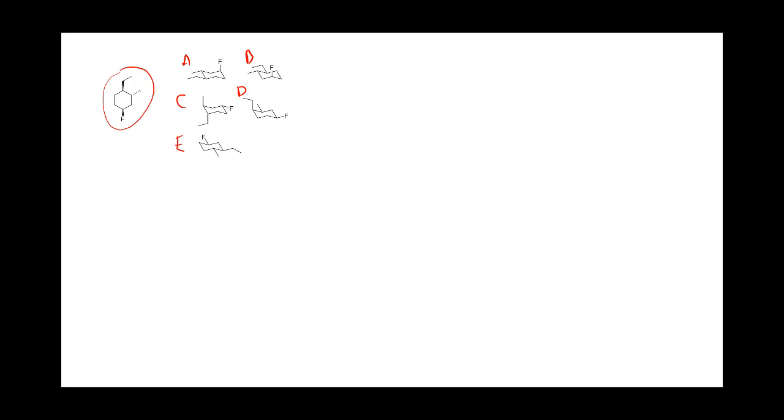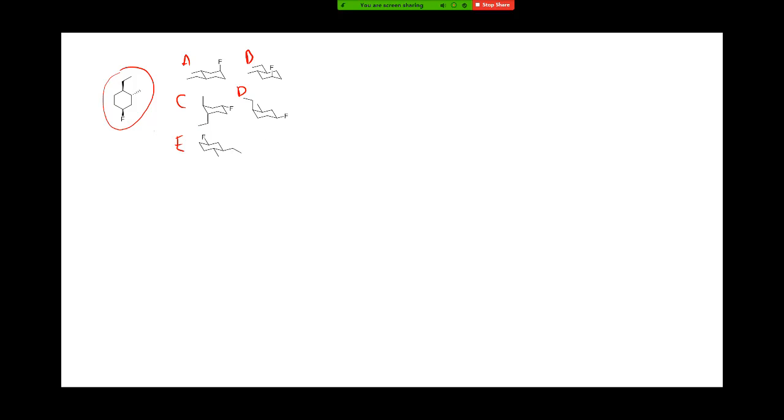A and B both have 2 equatorials and 1 axial. The methyl group and ethyl group are equatorial together in both those cases. But then in D, one's axial, one's equatorial. In C, they're both axial, and in E, everything's equatorial. So if you quickly jump to which one of those is the most stable, of course you're going to pick E, because E has everything equatorial. The problem is, is that the same molecule as the one I drew?